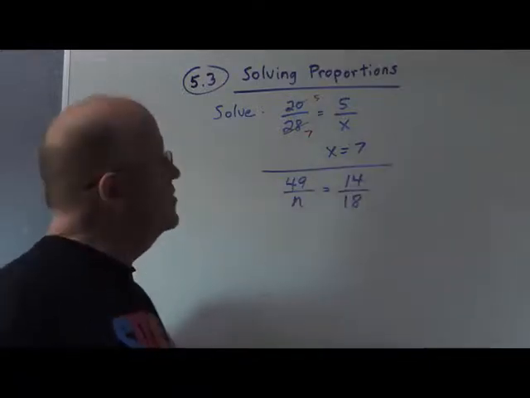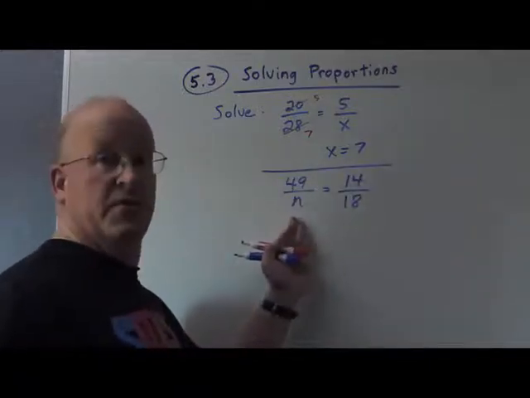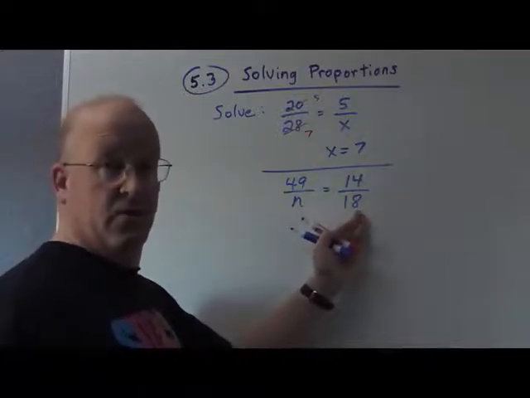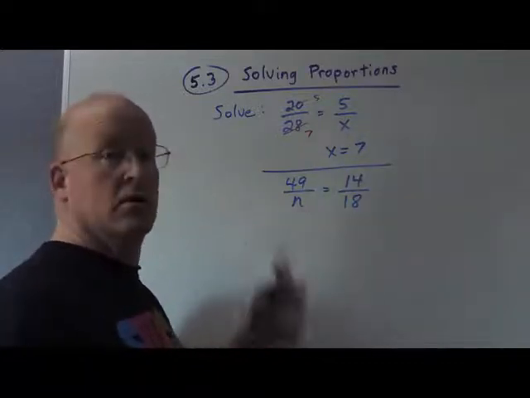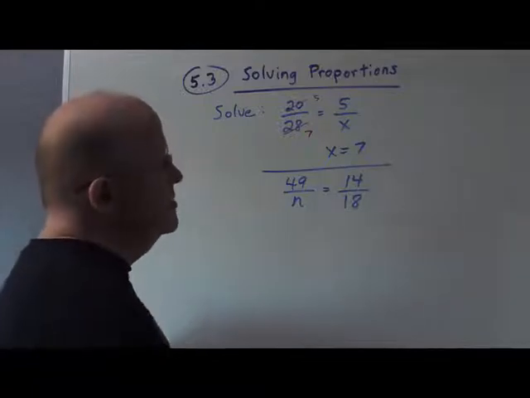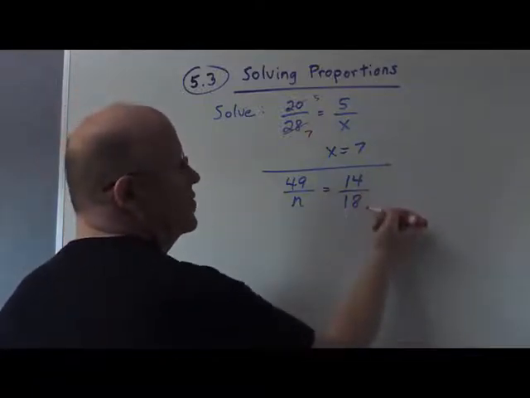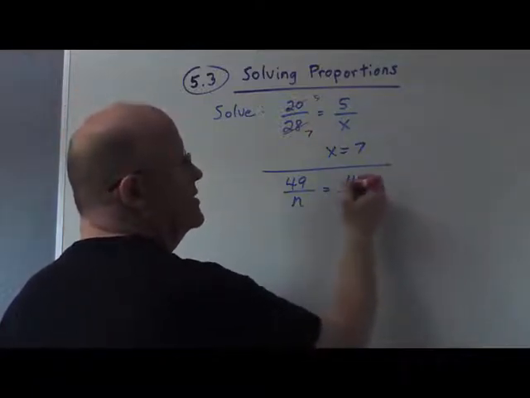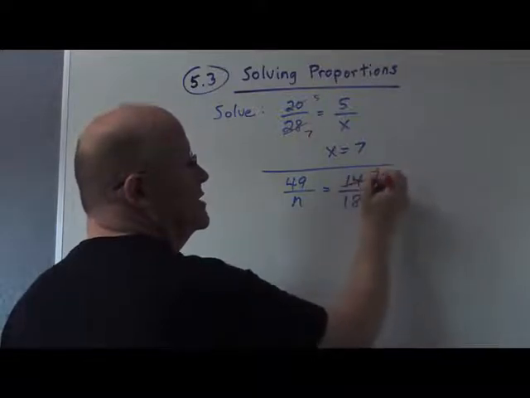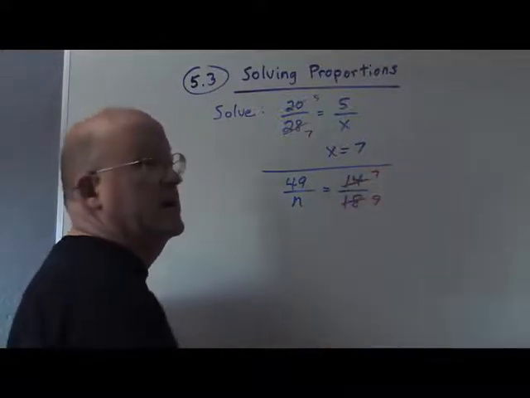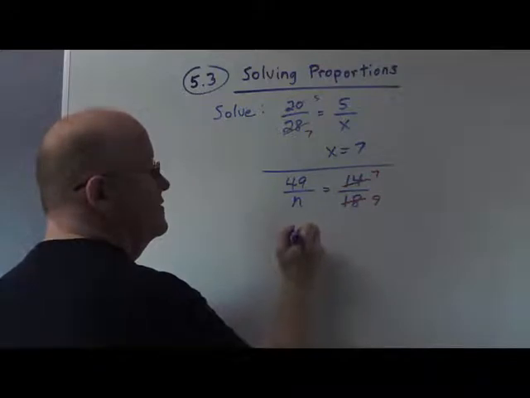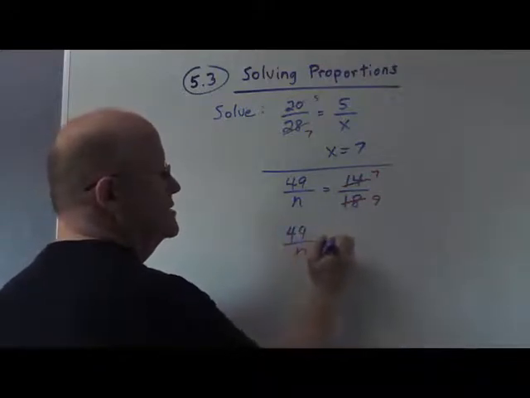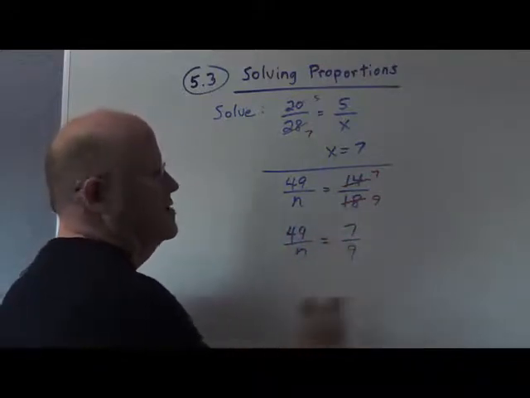Now let's solve the proportion 49 over n is equal to 14 over 18. Our goal is to find n, and I'm going to reduce the fraction 14 over 18. They're both even. Dividing each by 2, I get 7 over 9. So I now have 49 over n is equal to 7 over 9.